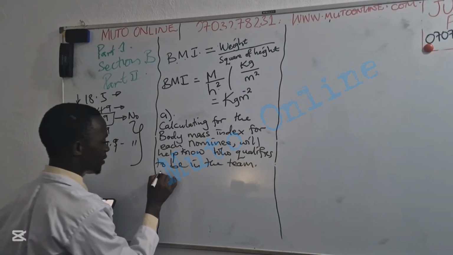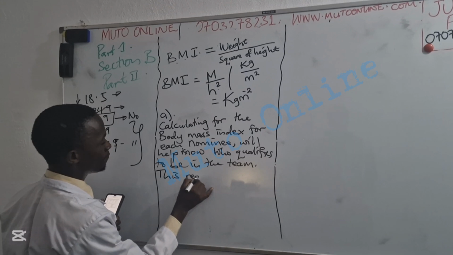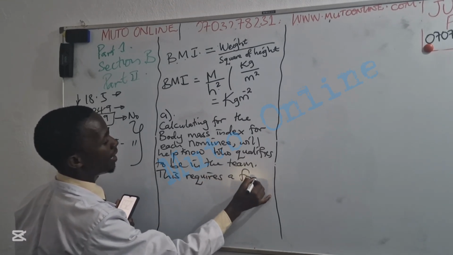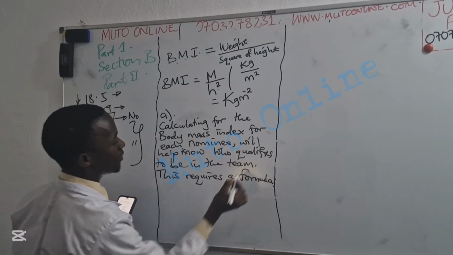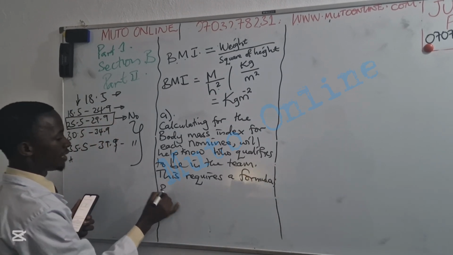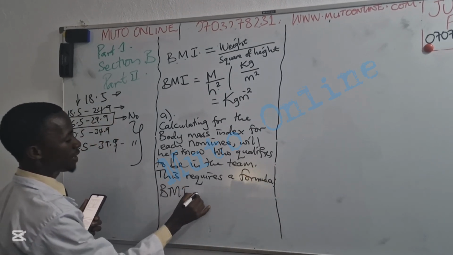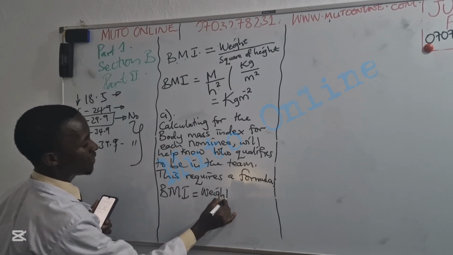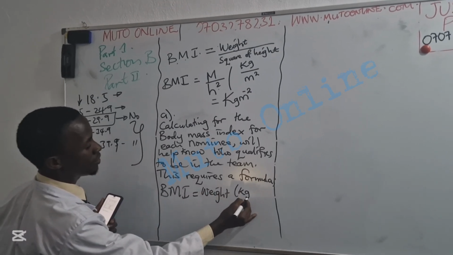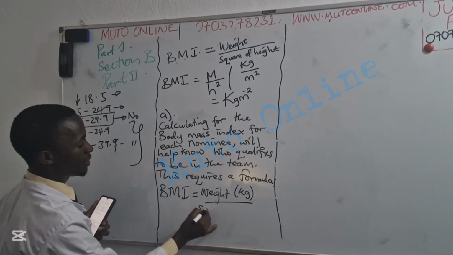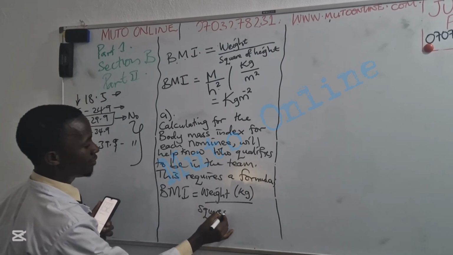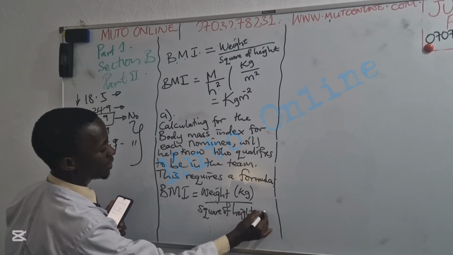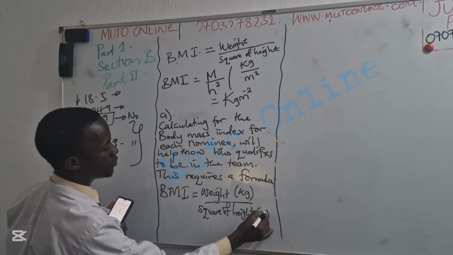And this calculation requires a formula. And this formula is known as the BMI of any person is given by the weight in kilograms divided by the square of height in meters. That is meters squared.